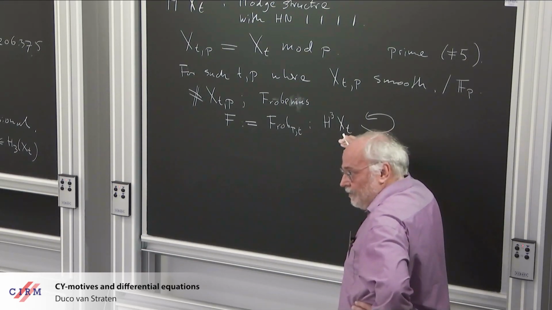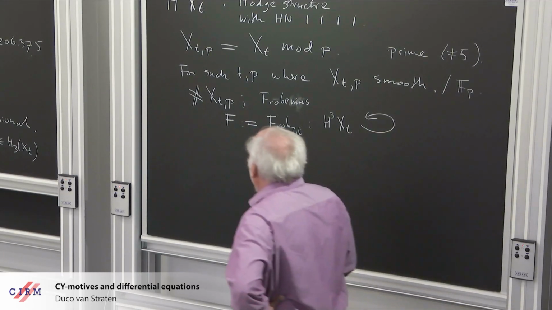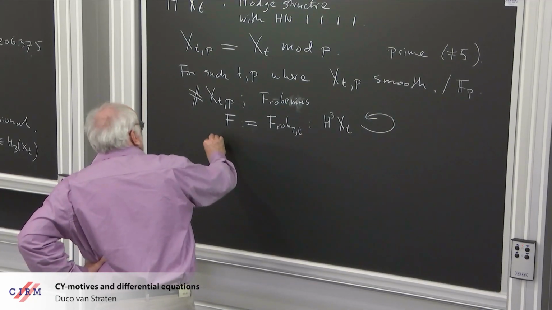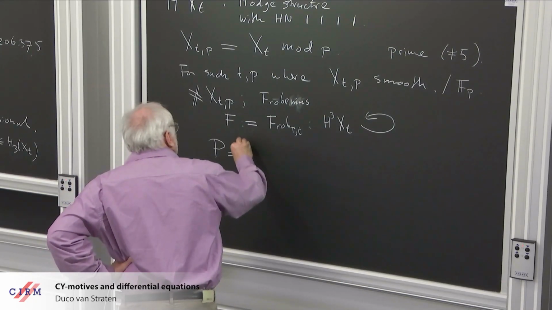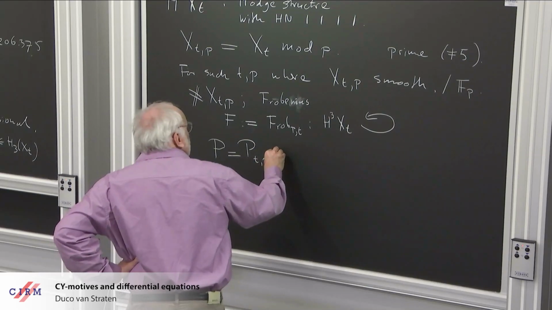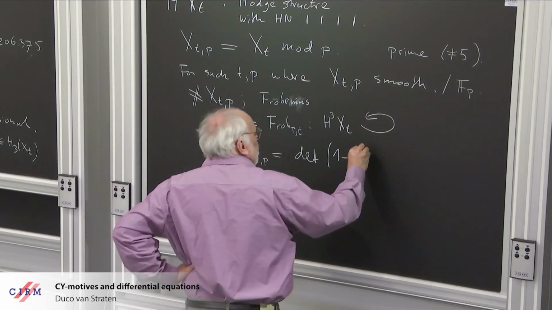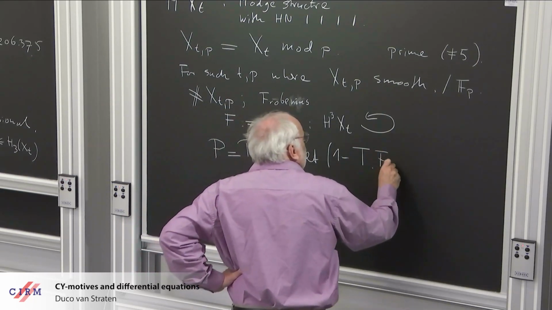So you may think of this crystalline homology or étale homology. But the point is, so then you have the Frobenius polynomial P, which is the determinant of 1 minus T times the Frobenius.